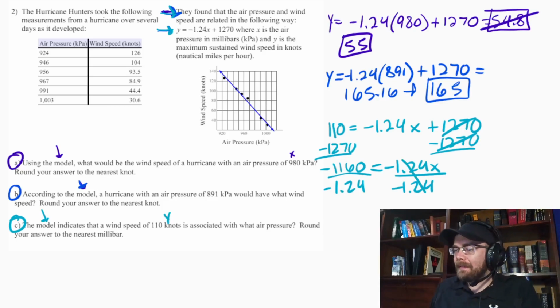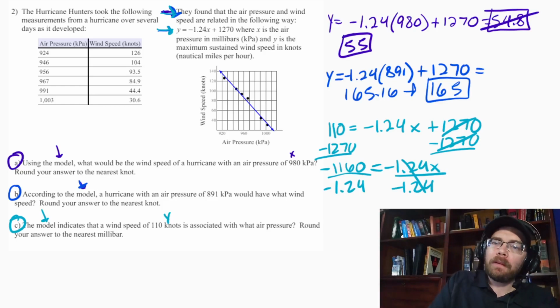And what is that? Let's find out. They want the nearest millibar, so the nearest whole number, 935. So X is equal to 935.